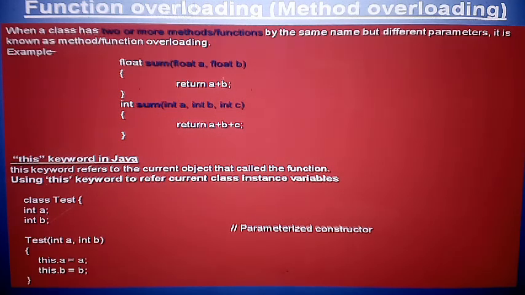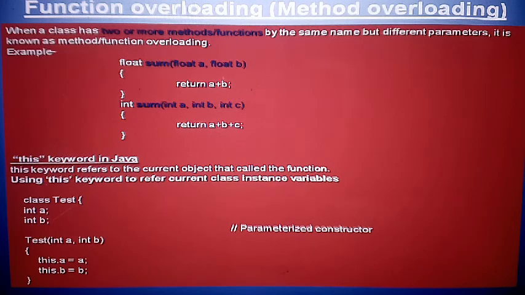Again the second function has int a, int b and int c, so three parameters, but the function name is always the same, sum. The first has two float parameters, but here there are three. Again, two or more methods or functions with the same name but always different parameters. This is function overloading.